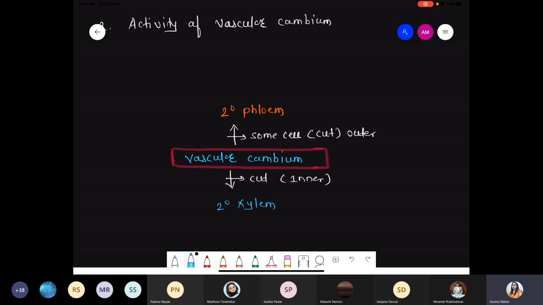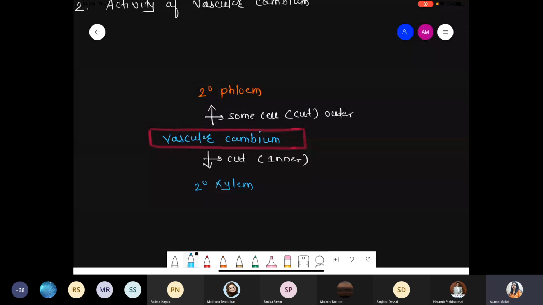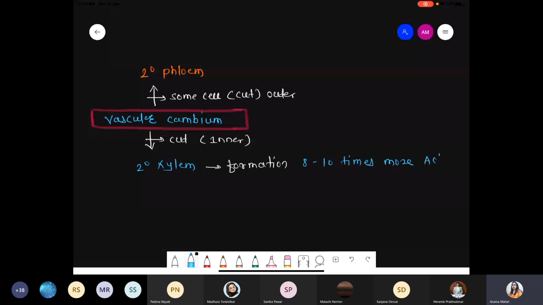But now, if we compare secondary phloem and secondary xylem, which cells' formation rate is more? Please remember, neat question. Secondary xylem formation is approximately 8 to 10 times more active than secondary phloem.